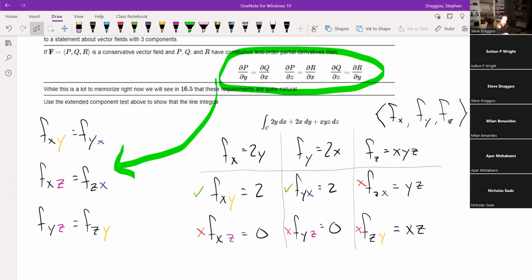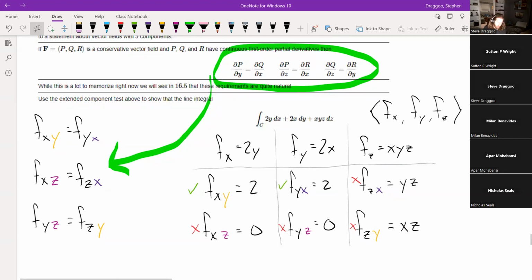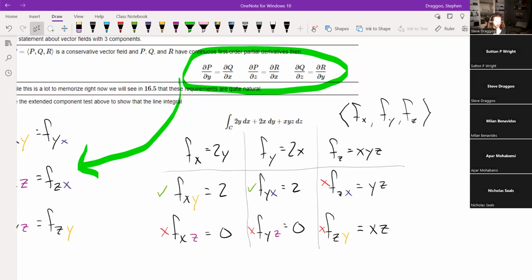The xz partial should be equal to the zx partial, and the yz partial should be equal to the zy partial. Again, I'm already assuming that each of p, q, and r are a partial derivative of some kind already, right? Over here on the right, I'm assuming that it's already partial x, partial y, partial z in that order. So I'm just going to complete another partial derivative on each spot and check to see if they work out.